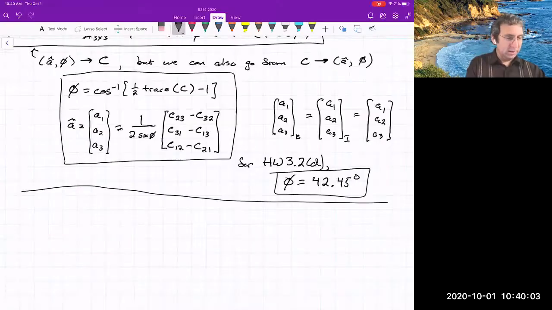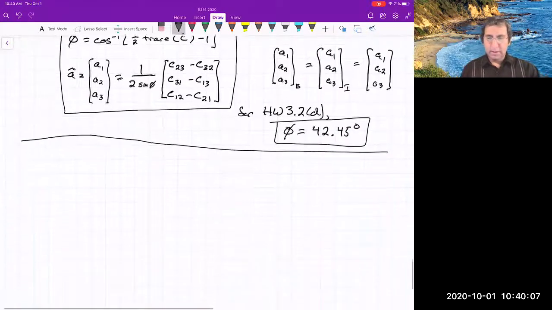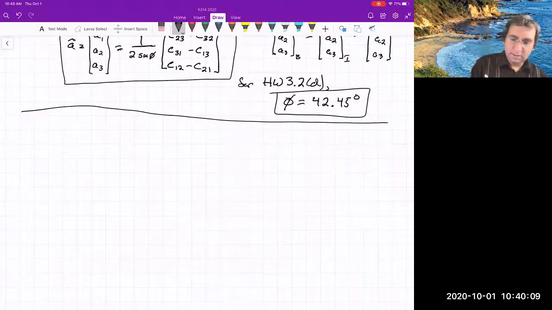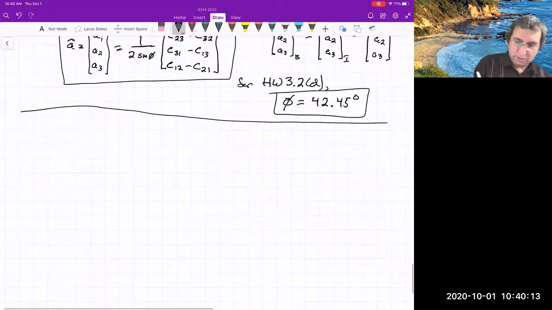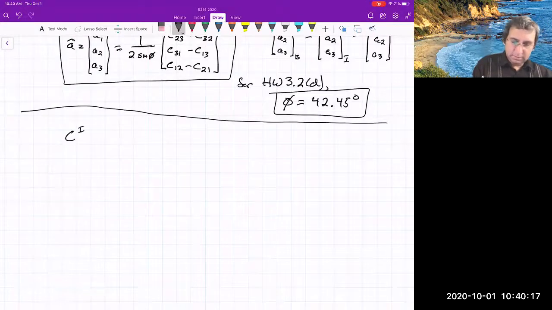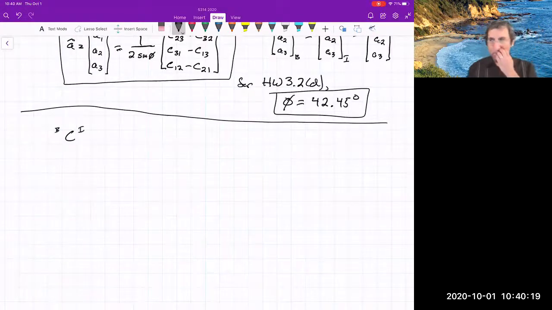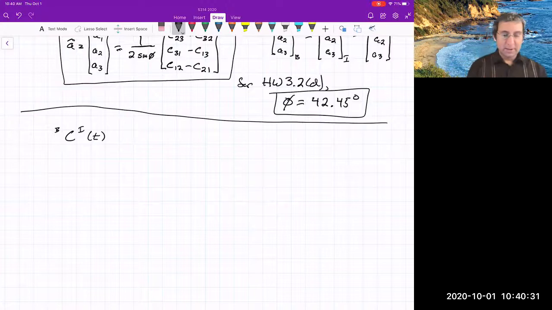So I will give a preview. The relationship between the rotation matrix, which I'm writing as if it's this static thing, but it's actually going to be changing in time to describe how the body is changing its orientation in time.